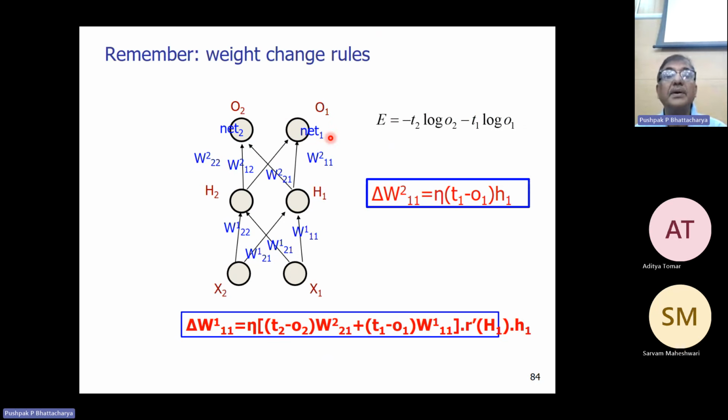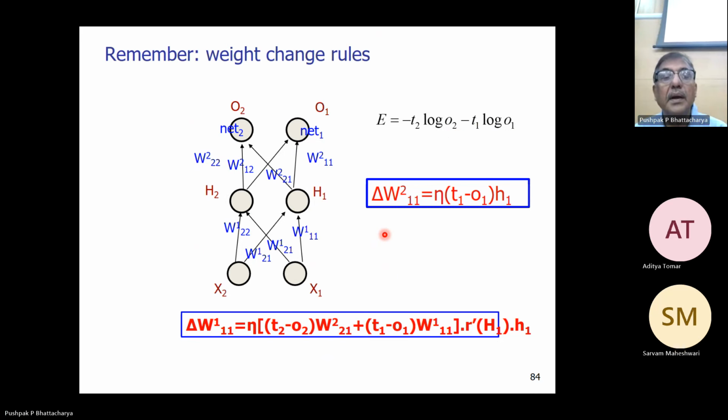We have 2 neurons, O1 and O2, in the outermost layer, H1 and H2 in the hidden layer, X1, X2 in the input layer. The error is a cross-entropy loss. By definition, this is T2 log O2 minus T1 log O1.